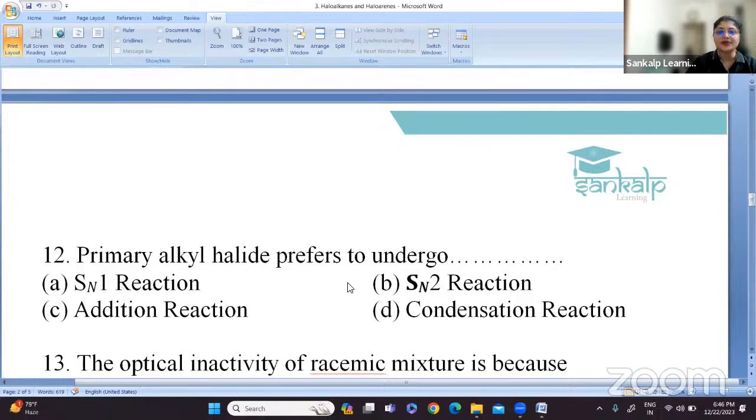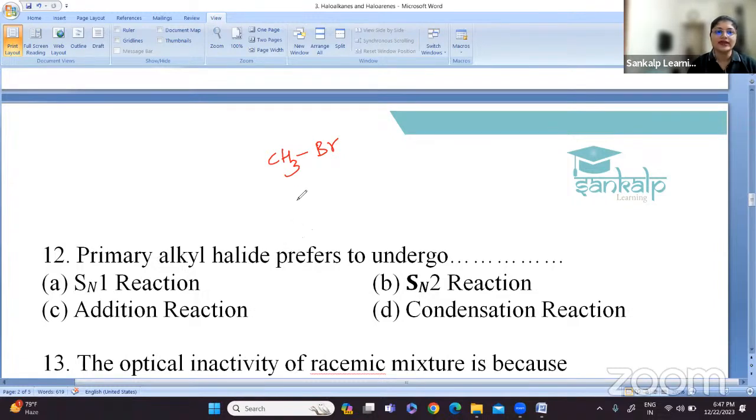Primary alkyl halides prefer to undergo. Suppose I take a primary alkyl halide, methyl bromide. What will it undergo? SN1 reaction, SN2 reaction, addition reaction, or condensation reaction?